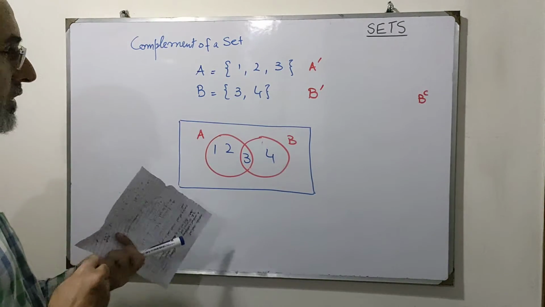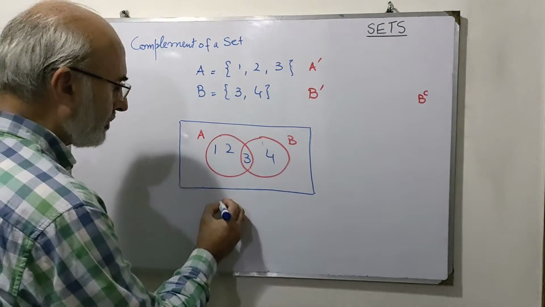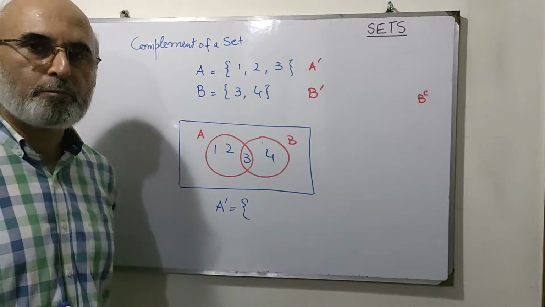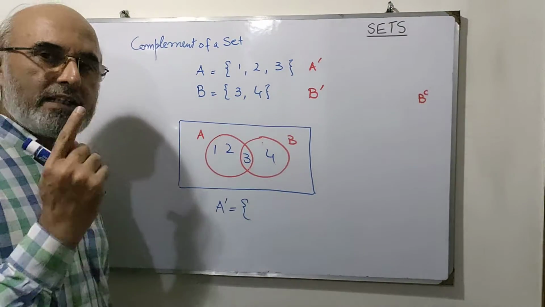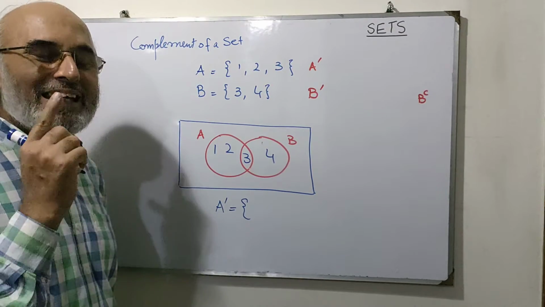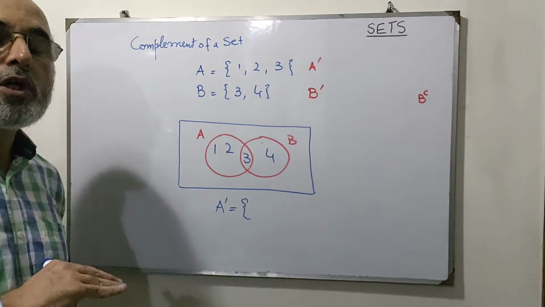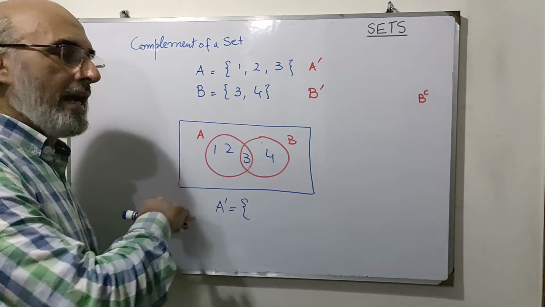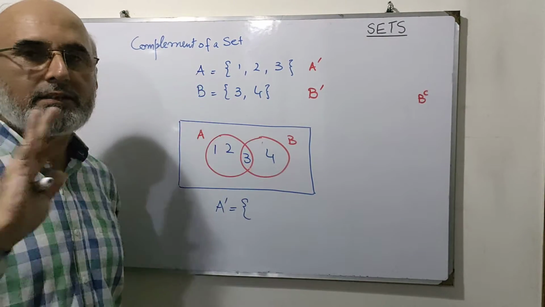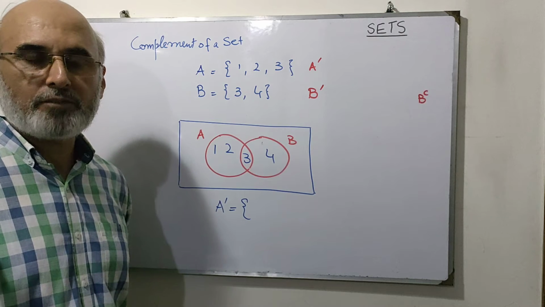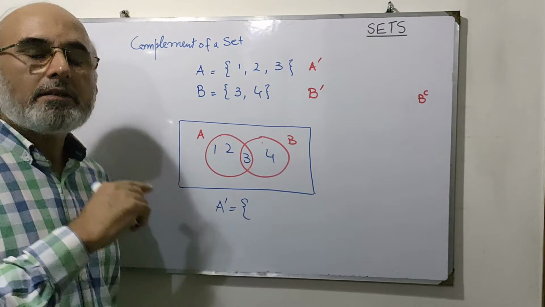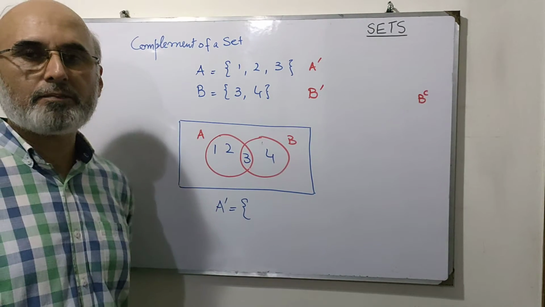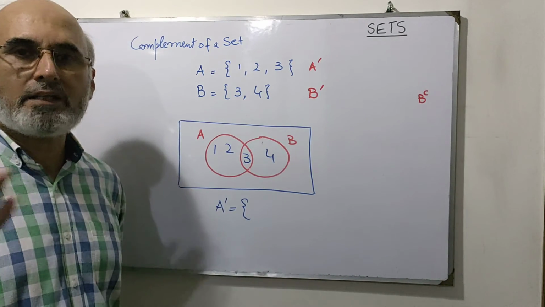So if we are talking about A complement, to find the complement of A is to exclude all those elements which are in A and take the rest of whatever is in the universal set, right? That is simply subtracting a set from the universal set, and whatever is remaining is the complement.